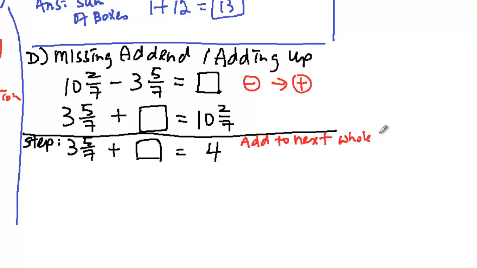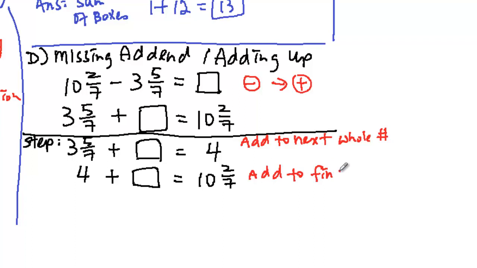Add to next whole number, and then the next step, we are picking up from 4, adding something to go to the final answer, which is 10 and 2/7. So the next step is add to final answer.